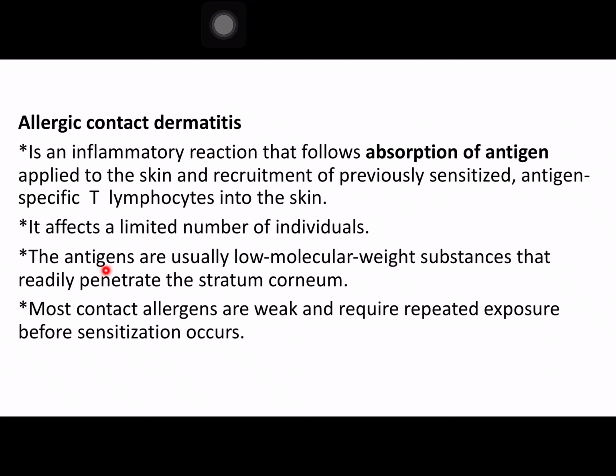The antigen is a low molecular weight substance that is able to penetrate the stratum corneum and induce immunity. Most contact allergens are weak and require repeated exposure before sensitization and allergic contact dermatitis occur.